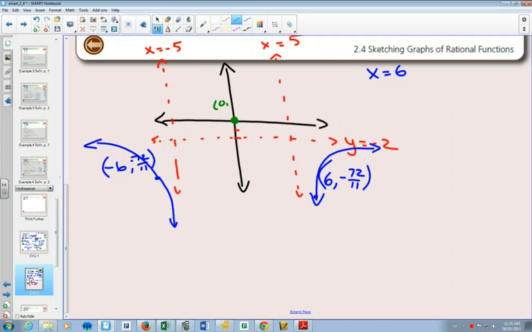Now with our point 0, 0, and with our asymptotes the way that they are, you can probably guess that this section is going to go up like this and not through the asymptote. That's what we're going to assume is going to happen.